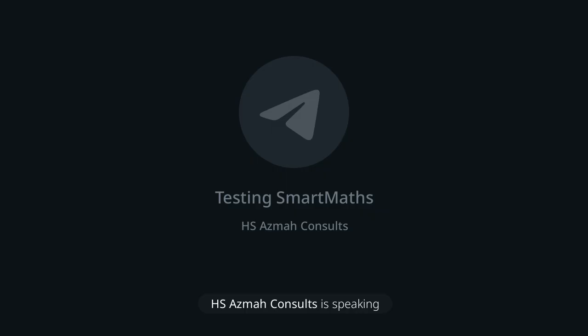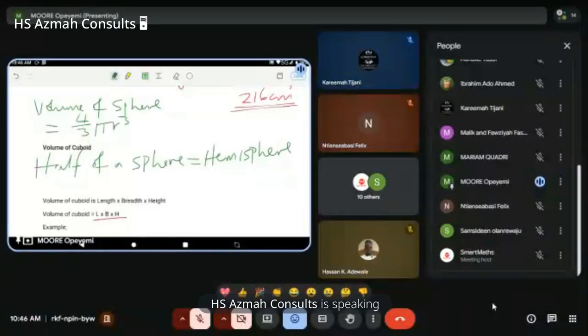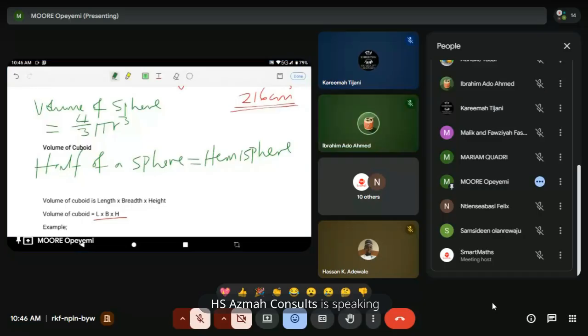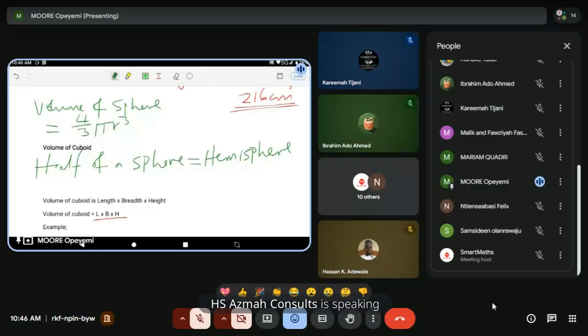So who can tell us the formula to calculate the area of a circle? Pi r square. Calm down, pi r square. Then what is the formula to calculate half of a circle?